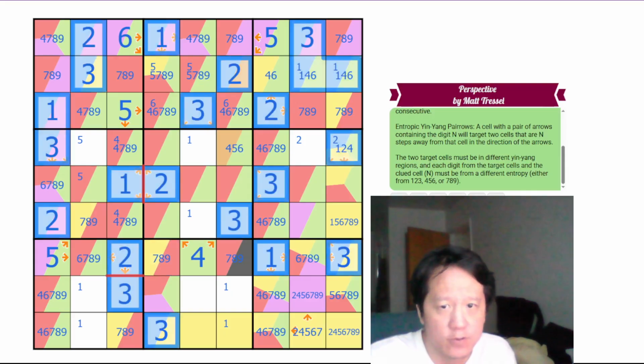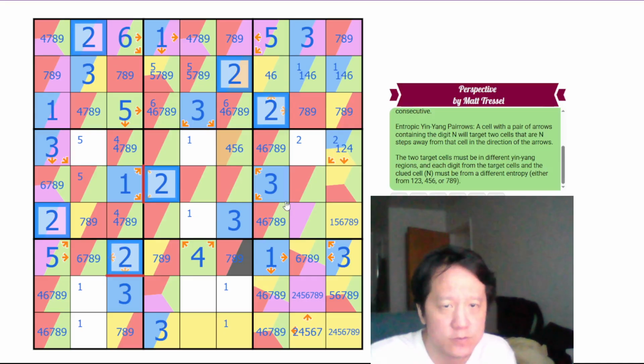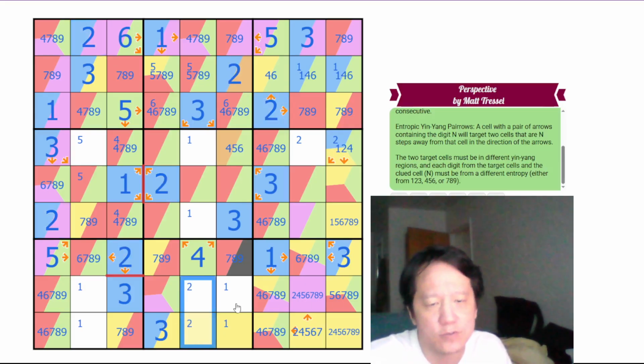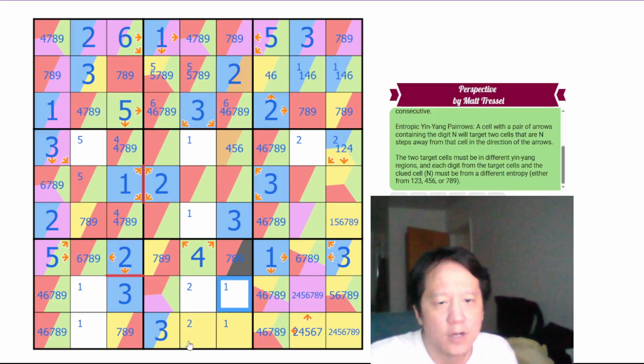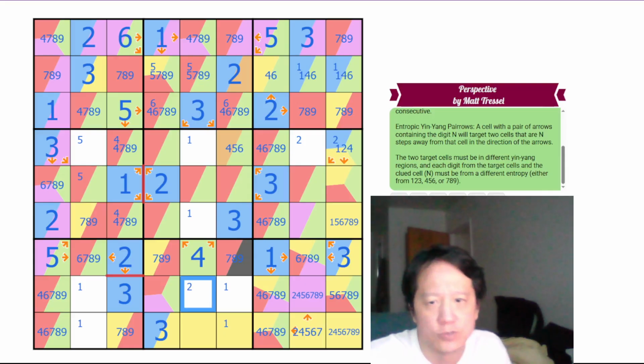So we have all the ones kind of set out. 2s. 2 here, 2 in one of those 3, 2 in one of these 2. 2 cannot be here. They are the same region. So where's 2? 2 has to be here. Which means this can't be 2 here, so one of these is 2.